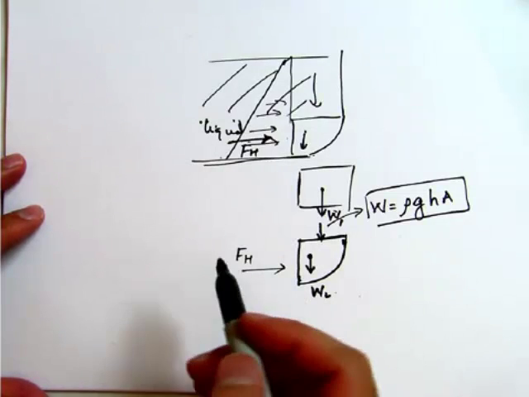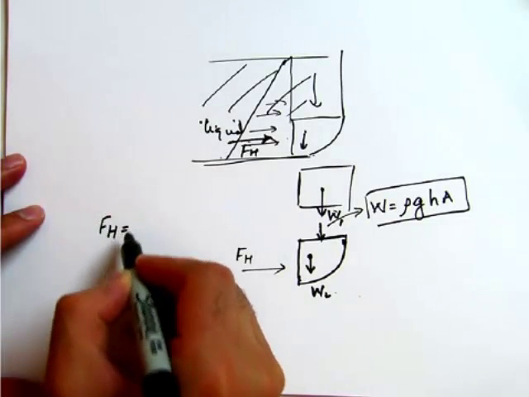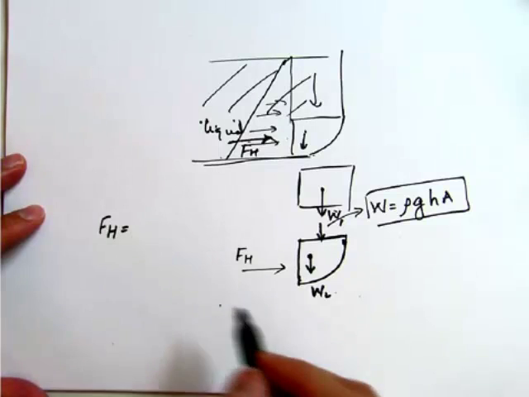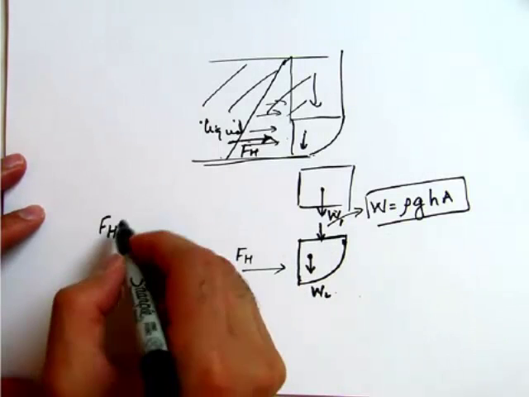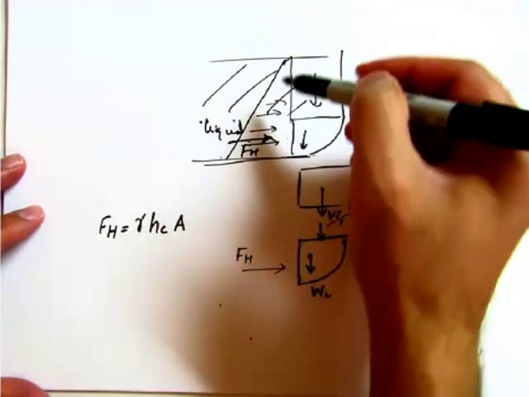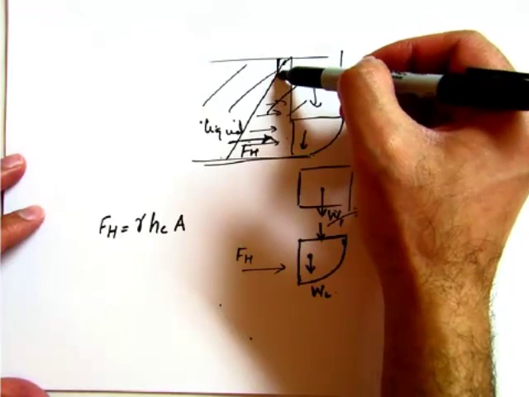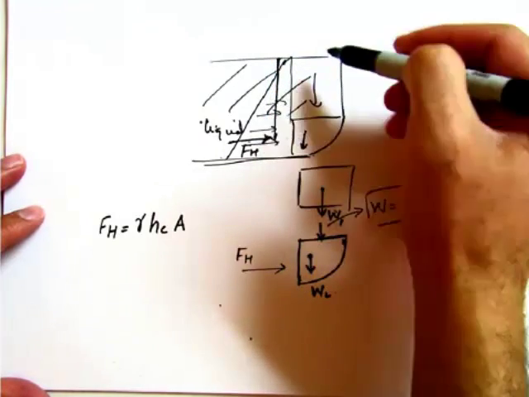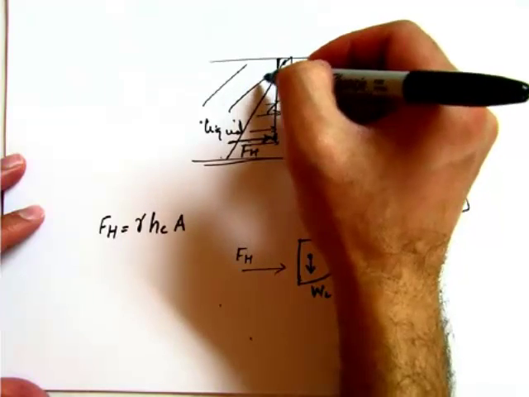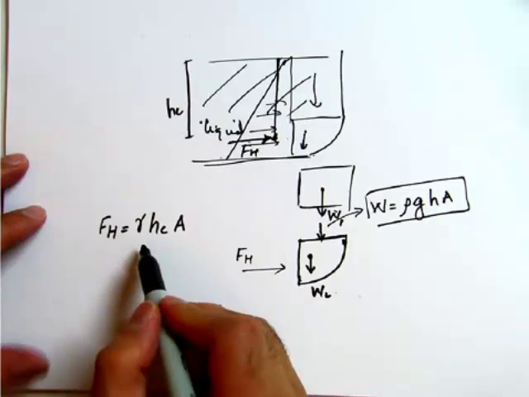And first of all, what that force would be: the horizontal force is equal to gamma hc times A. So it will be height hc times the area times the gamma.